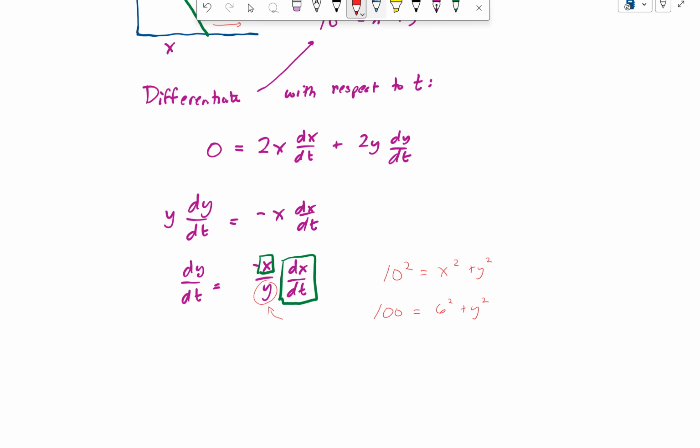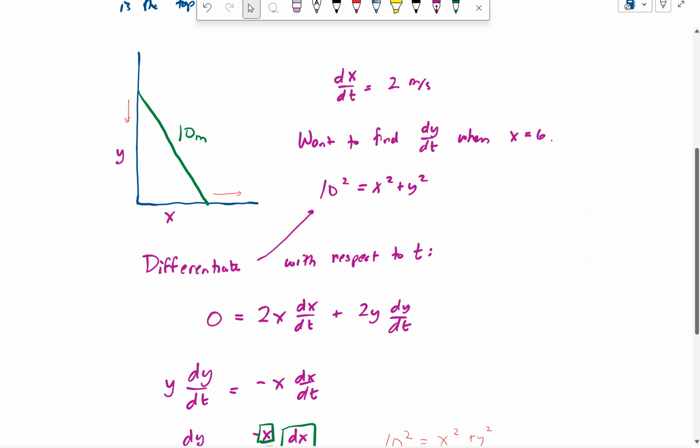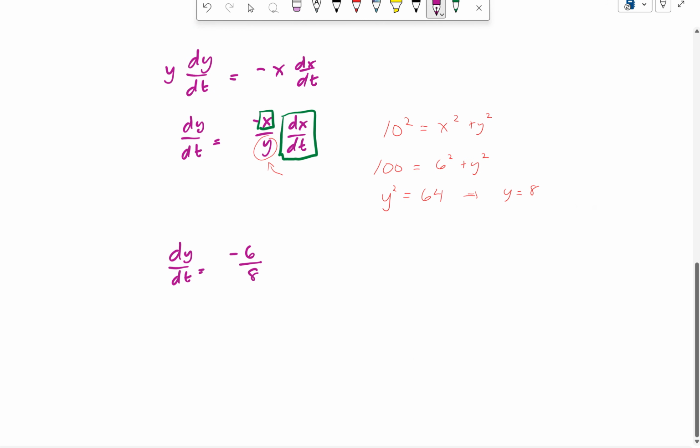So I can subtract that and say y squared is equal to 64, which implies y is equal to 8, because we know that y has to be positive here. So that allows me to plug everything back in, and I have dy/dt is equal to negative 6 over 8. And then remember, our dx/dt was given by 2 meters per second, so this is times 2.